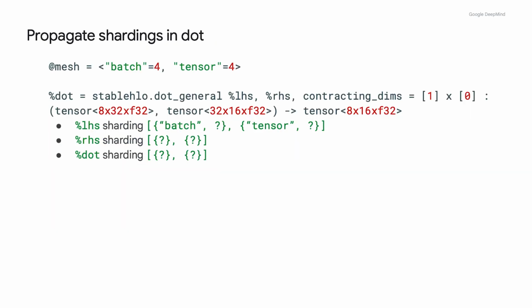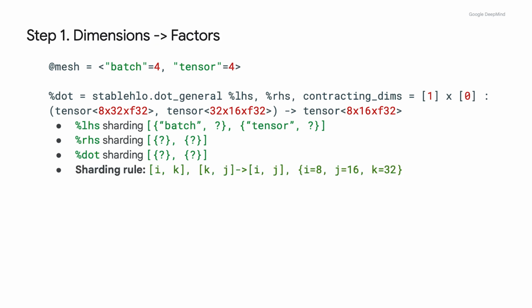We're taking the dot as an example to go through this section. This is a very simple dot. We have one LHS non-contracting dimension, one RHS non-contracting dimension, and one contracting dimension. Here we first define its sharding rules, similar to its einsum notations. The first step is to project shardings from the dimension space to the factor space, and we fill out this table.